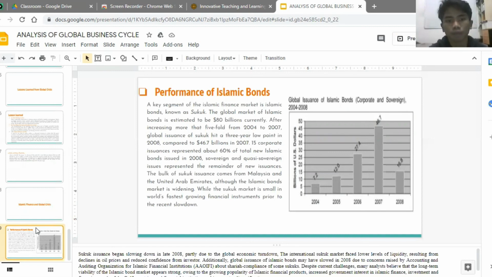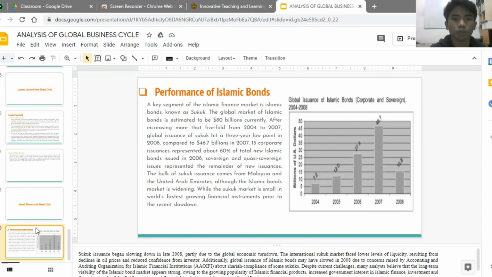Performance of Islamic bonds. In the Islamic perspective, a key segment of the Islamic finance market is Islamic bonds, known as Sukuk. The global market of Islamic bonds is estimated to be approximately $80 billion currently, after increasing more than fivefold from 2004 to 2007.